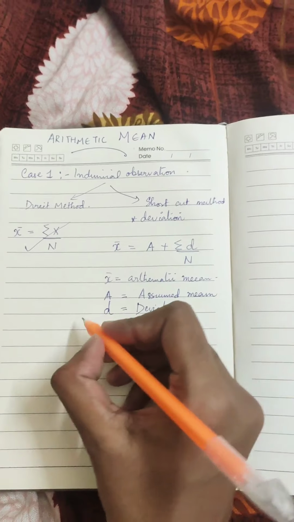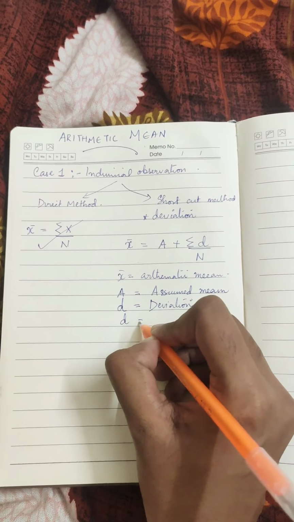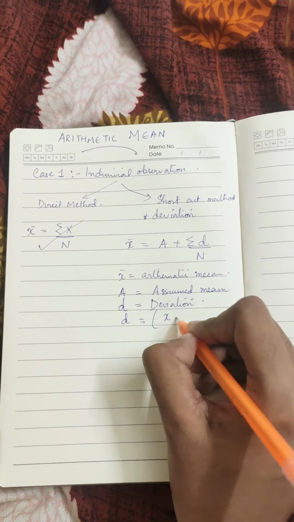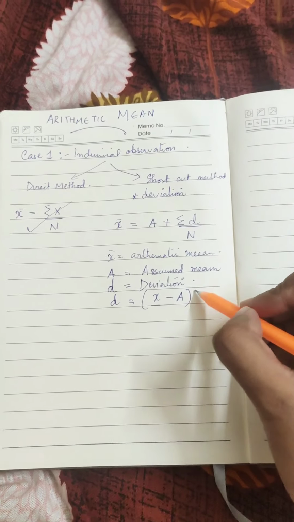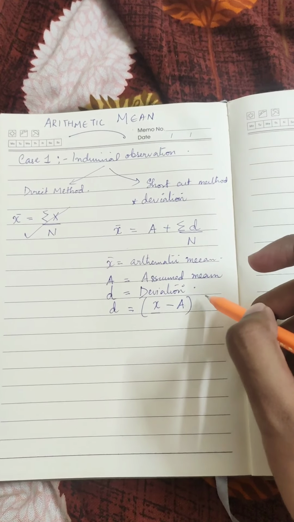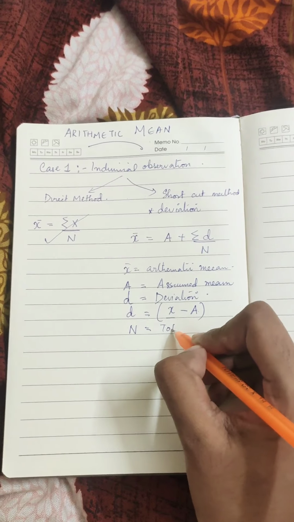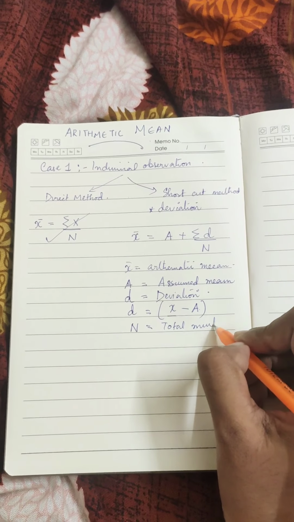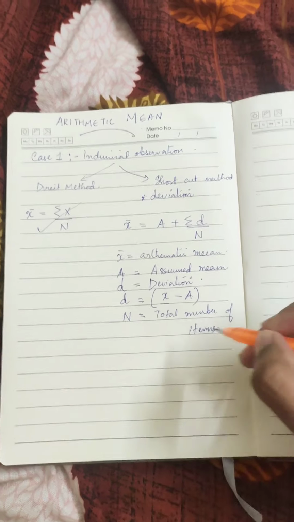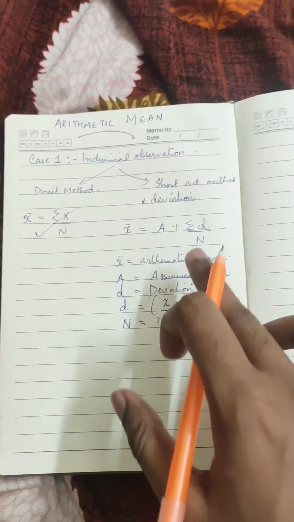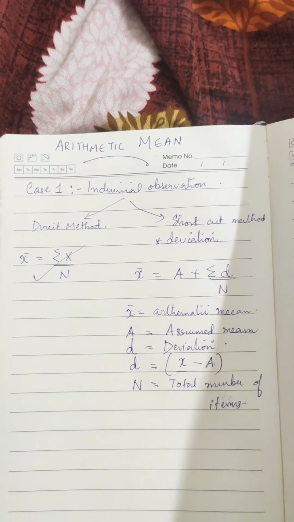So usually you calculate deviation as d is equal to x minus A, the value that you take minus the assumed mean that you have assigned to the average, and then n is equal to your total number of items. So this sounds a bit confusing when I say it like that, but this is very easy. I'll just show it to you with an example.